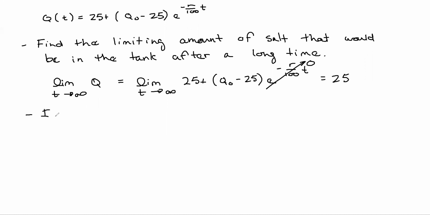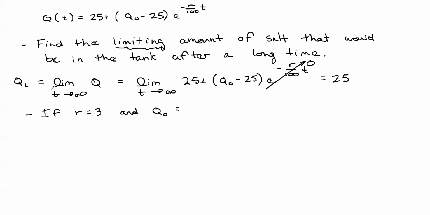All right, so if R equals 3 and Q naught, oh, whoops. One thing that I forgot to mention in the previous problem is that this quantity is another name for the limiting amount. And we're going to give that a name. We're going to say that is QL, L for limiting amount.